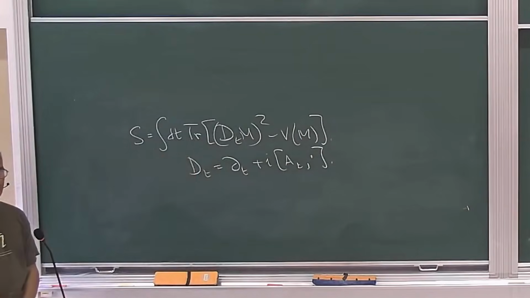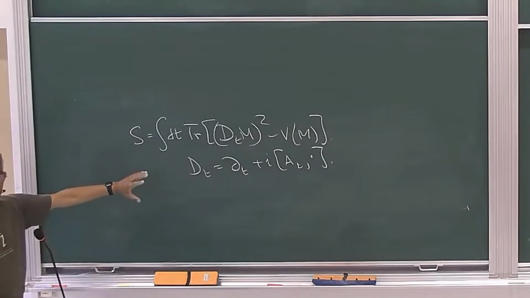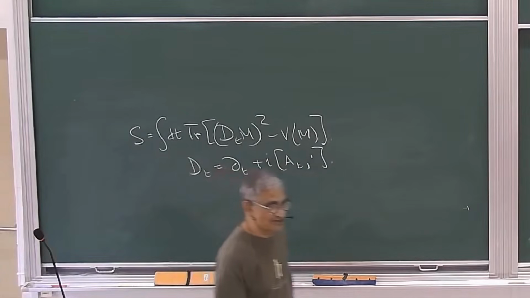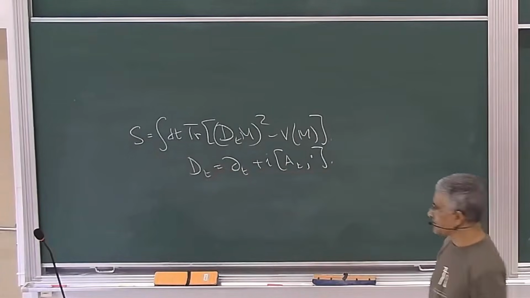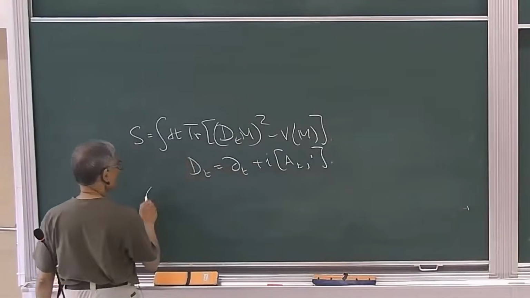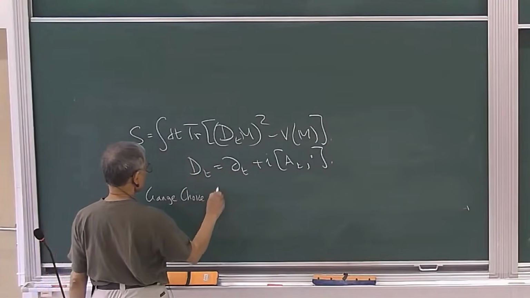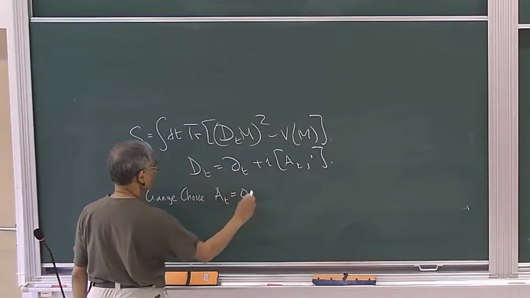And of course, in real time t, in 0 plus 1 dimensions, there's nothing there in A_t. So you can always pick a gauge. It's just one of the gauge choices, A_t equal to 0.